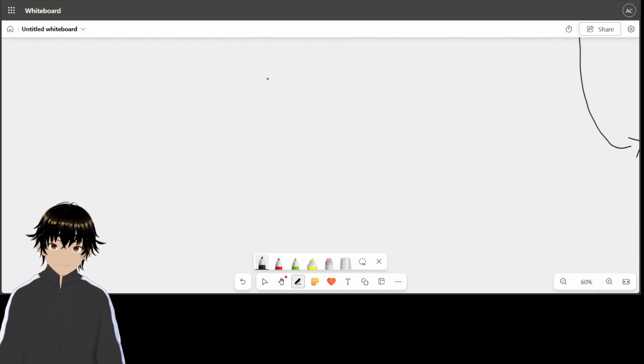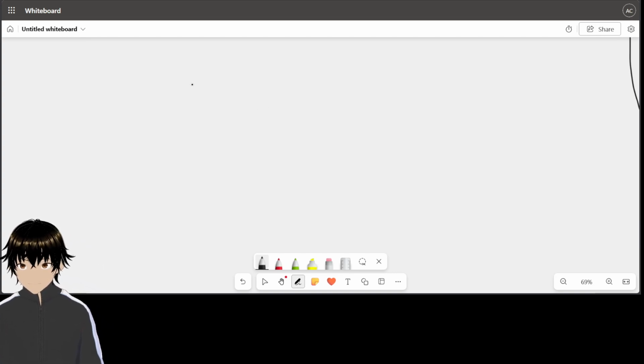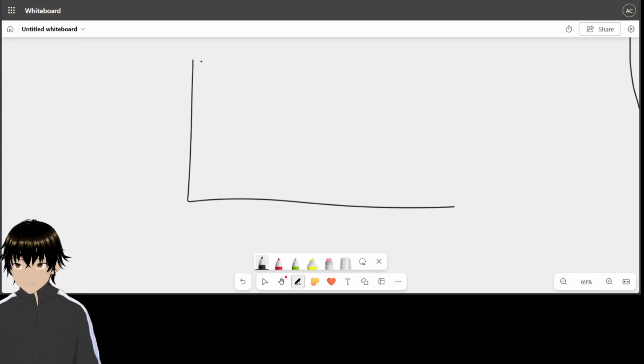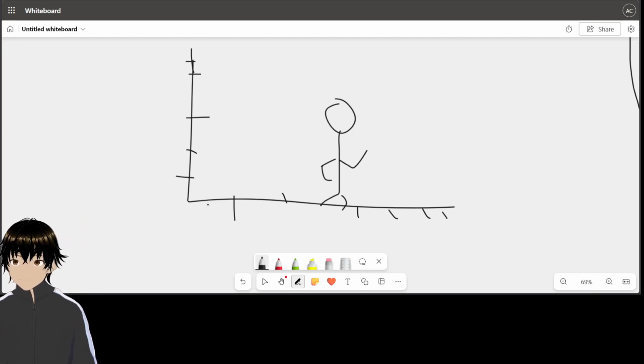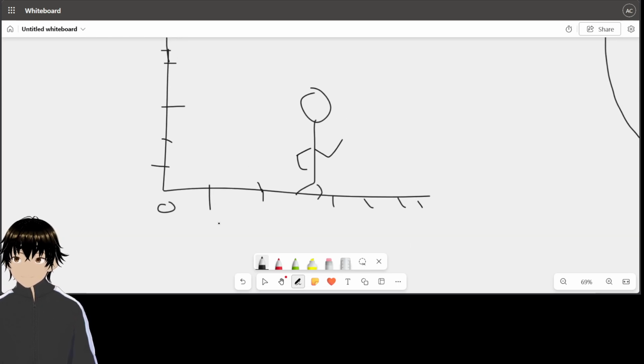Okay, so we're gonna talk about coordinate systems that they use for movement vectors. So let's just say that you're running. Say that you're running. Okay, this is basically just a point of origin, and these lines right here resemble time.